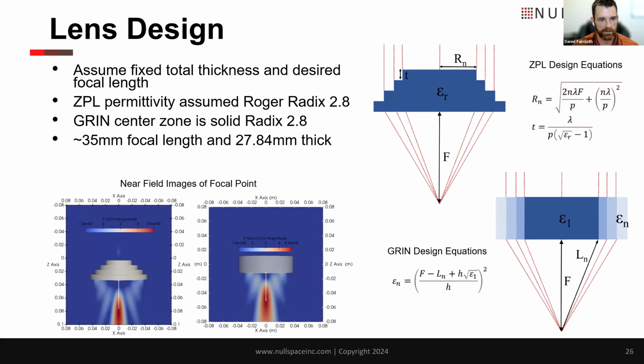So we're taking that into consideration and allowing for the accessible ranges of lattice structures that yield effective media properties that are favorable for these lens designs. So the focal length for both lenses is 35 millimeters, and it's just a smidge under 28 millimeters thick. And you can see typical design equations for either a zone plate lens or the cylindrical Grin lens.